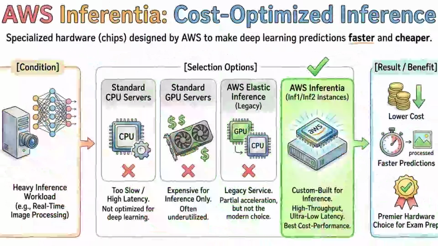Inferentia chips are custom-built by Amazon specifically to deliver incredibly high throughput and ultra-low latency inference performance at a fraction of the cost of traditional graphics cards. Memorizing AWS Inferentia as the premier hardware choice for cost-optimizing heavy deep learning inference workloads will help you ace advanced infrastructure questions.